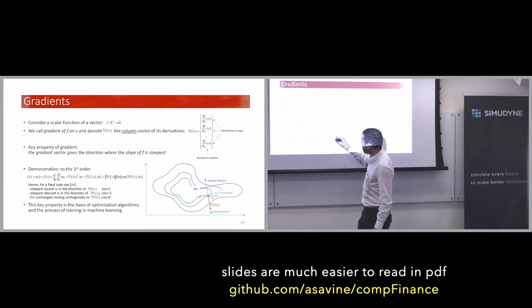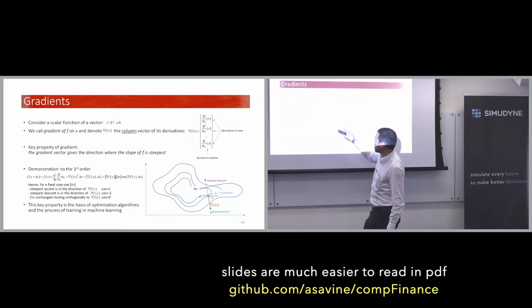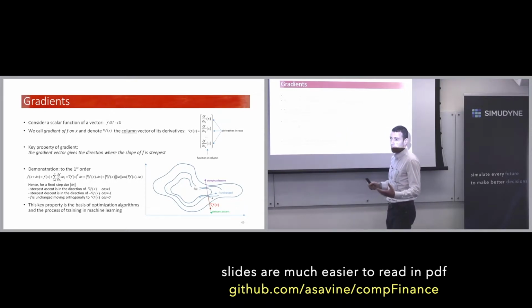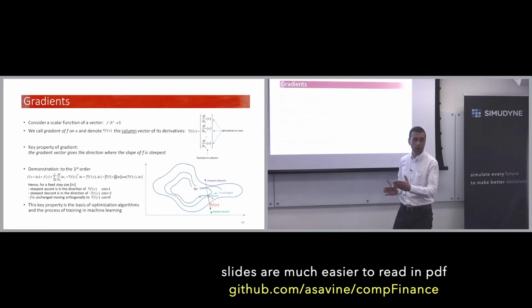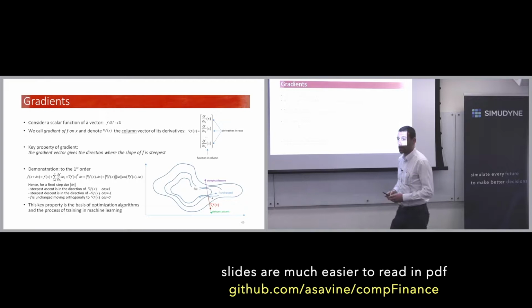The modification of f is given by the cosine between delta x and the gradient. And so the steepest ascent will be in the direction where the cosine is 1. So it will be in the direction of the gradient. The steepest descent will be in the opposite direction. Then the cosine is -1. And if we take a step in an orthogonal direction to the gradient, we're not modifying the value of f to the first order, right?